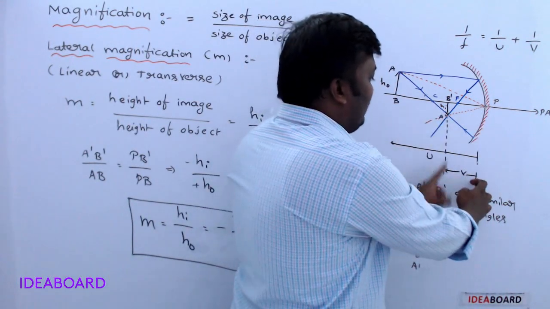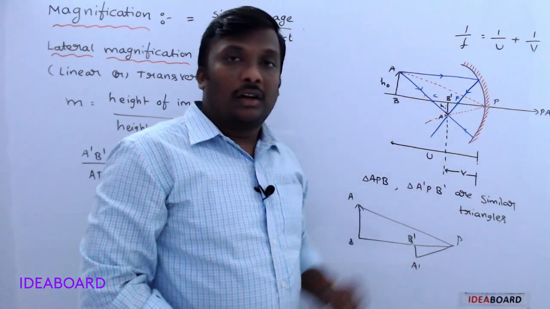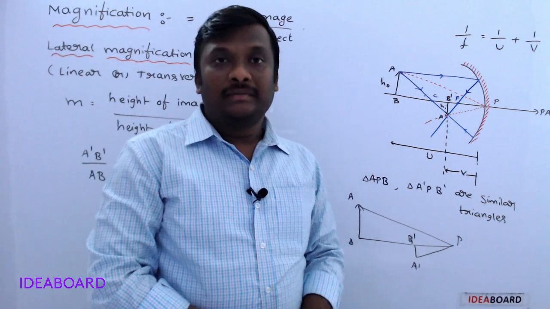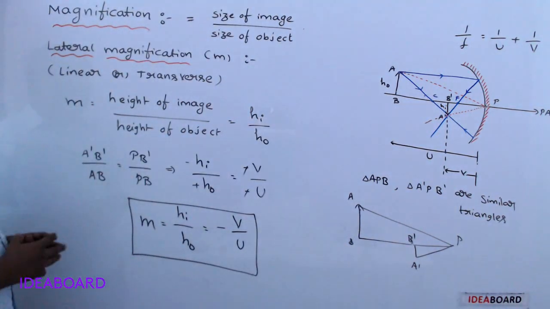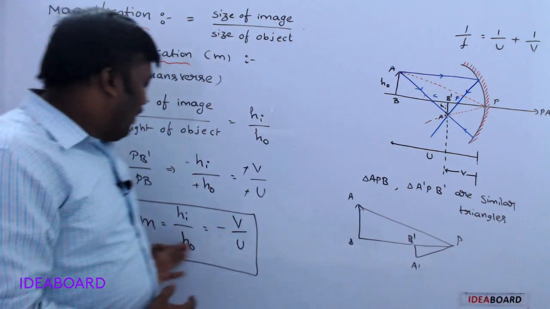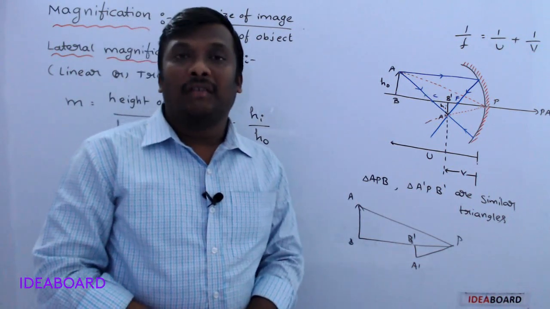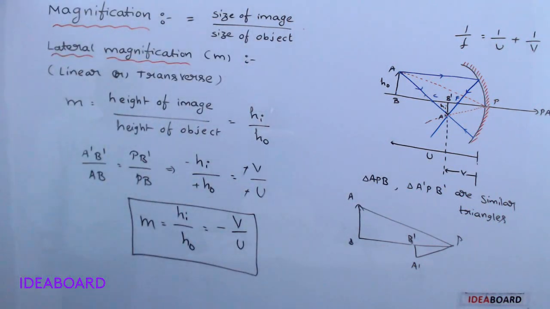Pole to the image is called the image distance. From the diagram, we got two similar triangles. That's why from this diagram, we got one formula. From the definition of the lateral magnification, the formula for m is hi by h naught, that is equal to minus v by u. Okay, copy.